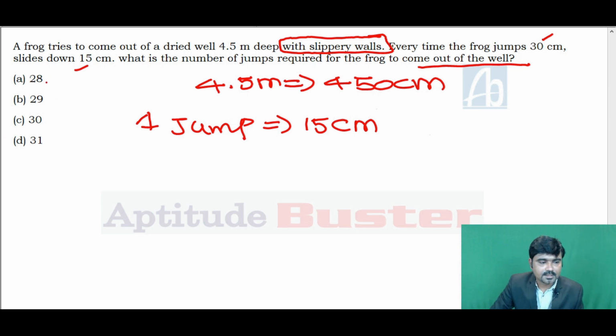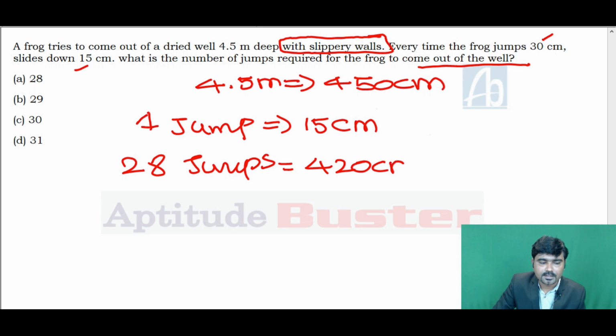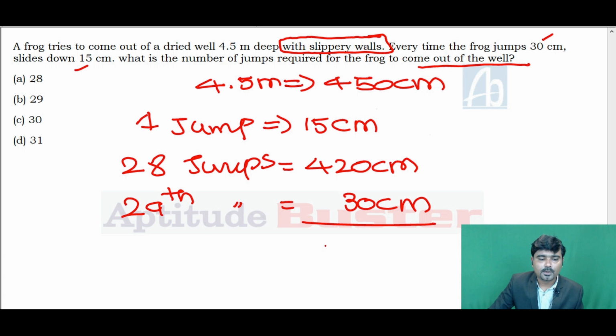Go through the answer choices. Minimum is 28. For the 28 jumps, it covers 420 centimeter, right? Okay. Next one, in the 29th jump. In the 29th jump, it can cover 30 centimeter. What's the total? Total is 450 centimeter.